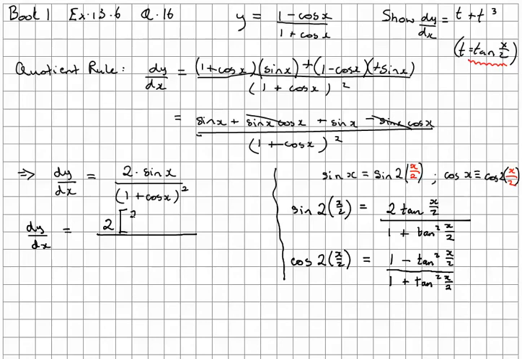Okay, so it's 2 times 2 tan x over 2 all over 1 plus tan squared x over 2.